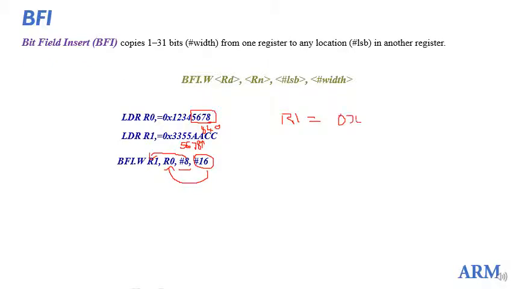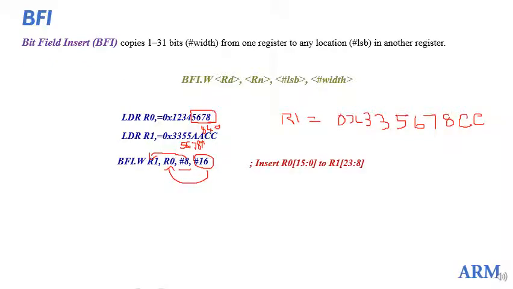The most significant bits are not touched, so it is 3 3. Then replace it by 5 6 7 8, and the last two digits are also untouched, that is CC. So this should be your answer.